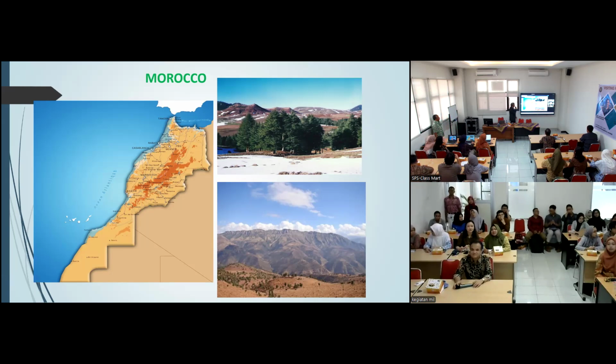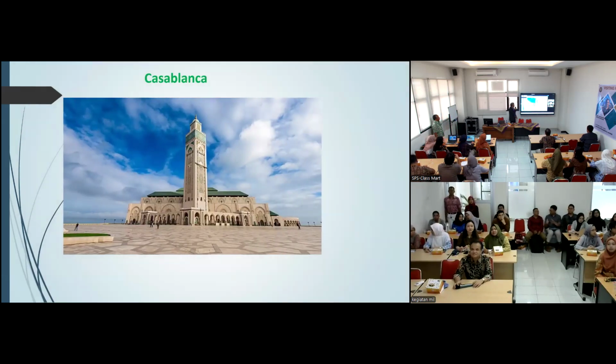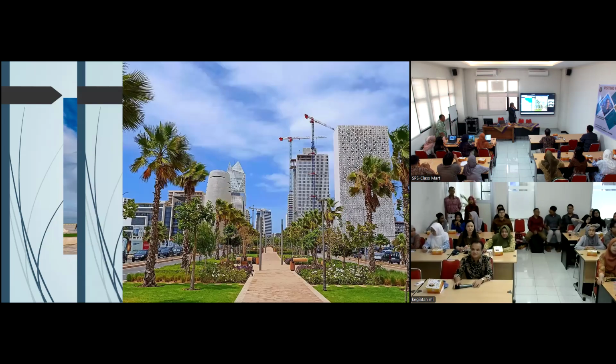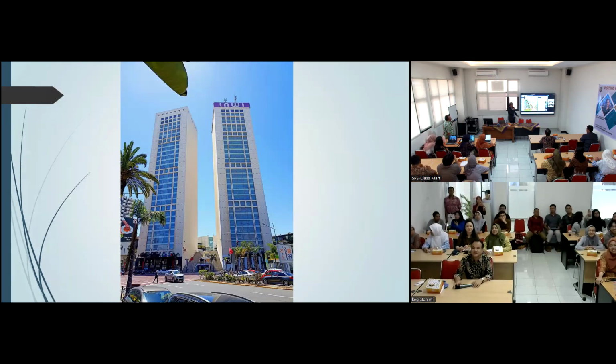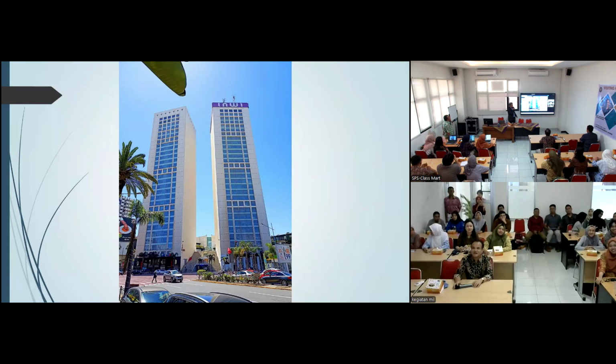This is Hassan II mosque in Casablanca, among the greatest mosques in the world, maybe the second or third in the world. This is Casablanca, modern Casablanca. And there is also the old city.